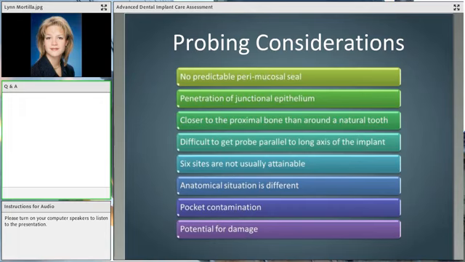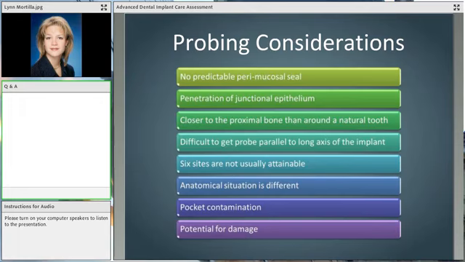But let's look at a couple of other concerns. Why do we have to probe gently? Well, we also know that this seal, this soft tissue, isn't very predictable. And we know that if there are periodontal pathogens in there, gingivitis pathogens in there, we can have some breakdown of these tissues. We also know that we can penetrate this junctional epithelium.